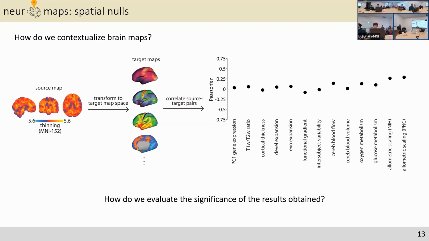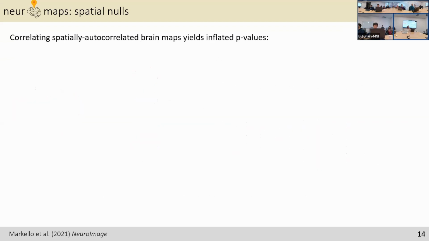So the T1/T2 ratio is going to be similar for brain regions that are close to each other. Thickness is going to be similar for brain regions that are closer together, and so on. And that leads to a lot of problems when we want to do comparisons between brain maps. This problem is basically that the p-values we obtain when we compute a correlation, for example, are going to be inflated.